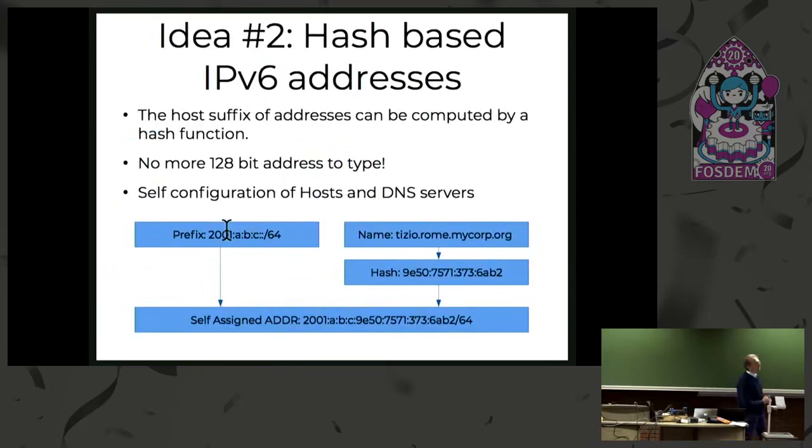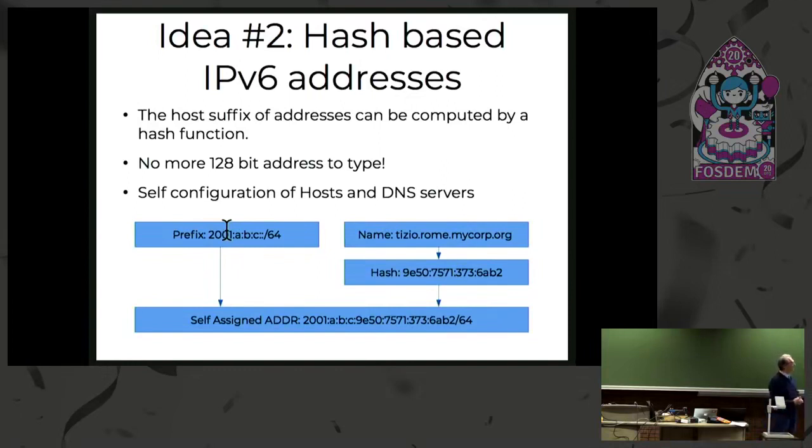Hash-based IPv6 addresses. So instead of having long and boring tables in the DNS server, we generate the low 64 bits of the IPv6 address as a hash of the name.